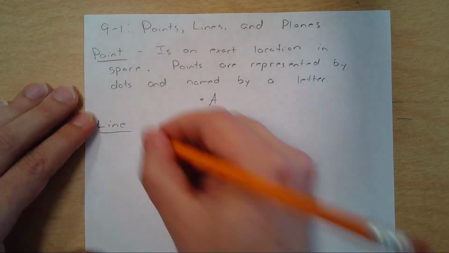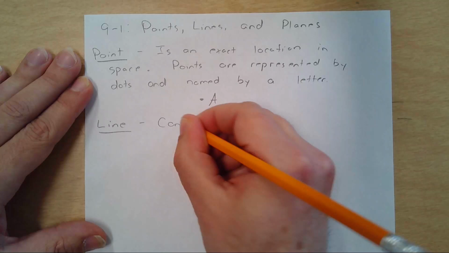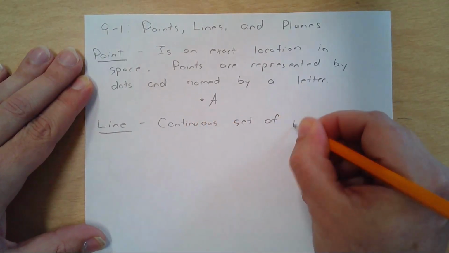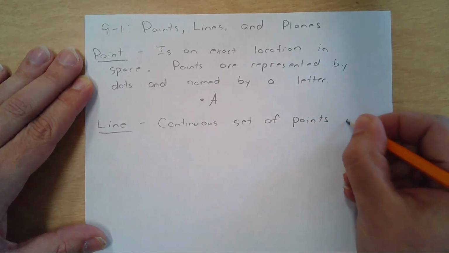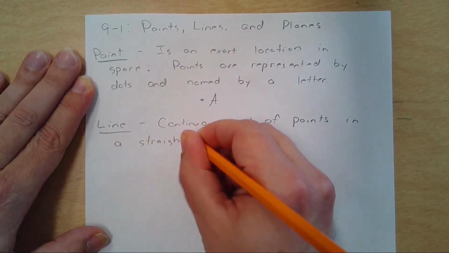A line. All right. So a line is a continuous set of points in a straight path.